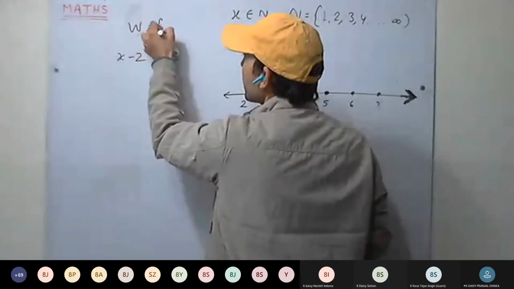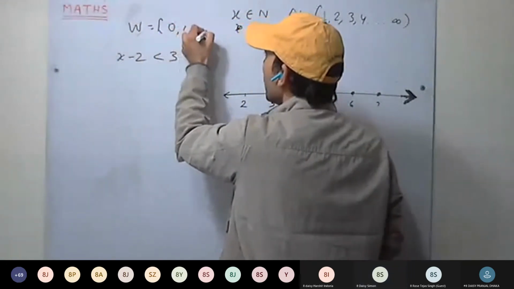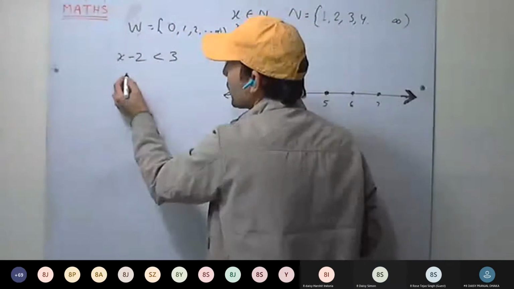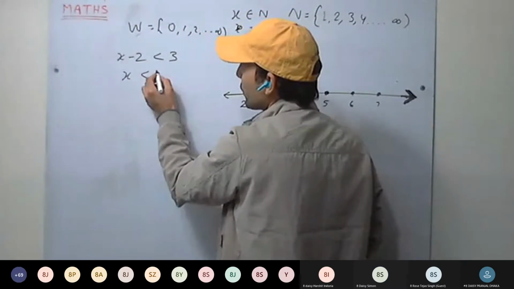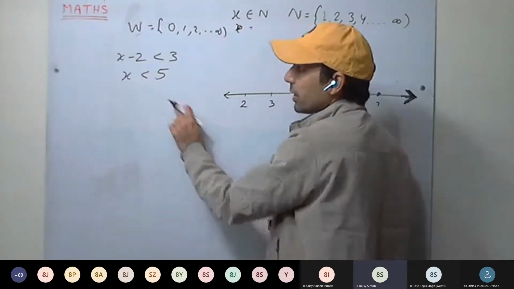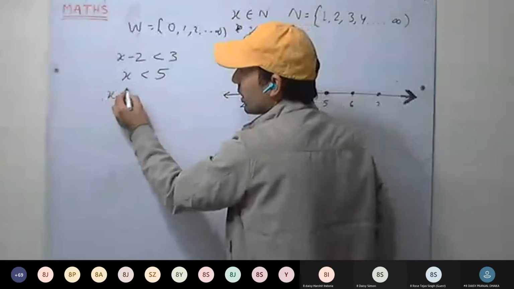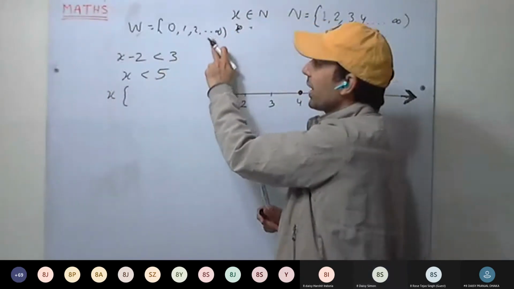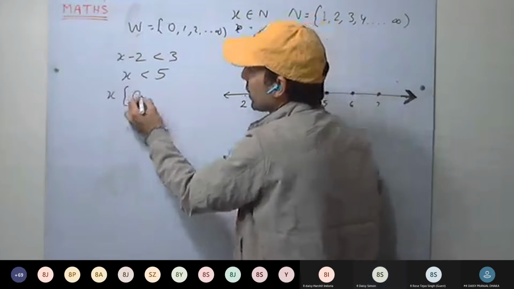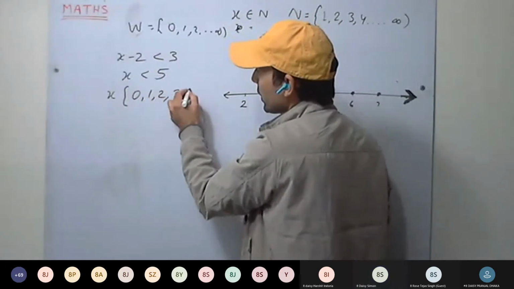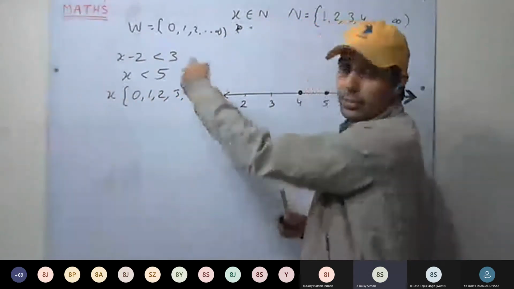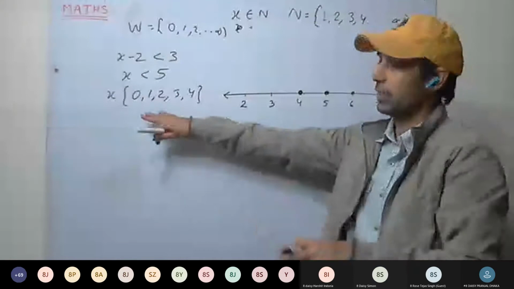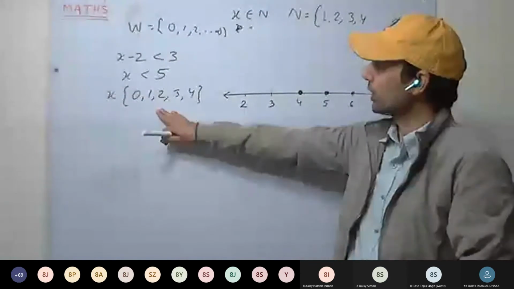What are whole numbers? 0, 1, 2 up to infinity. Solve this inequality: x will be less than 5. From this it has to take the values, so 0, 1, 2, 3, 4. So there is no infinity, minus infinity or plus infinity. Understood this one?